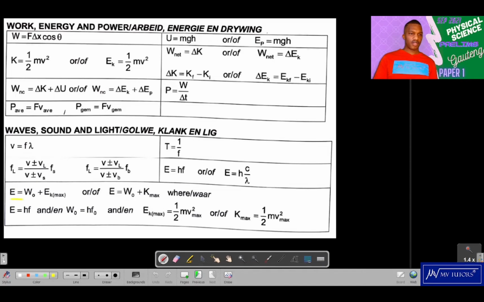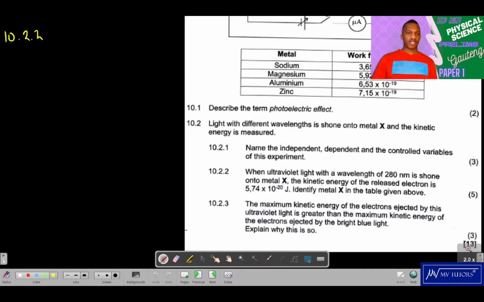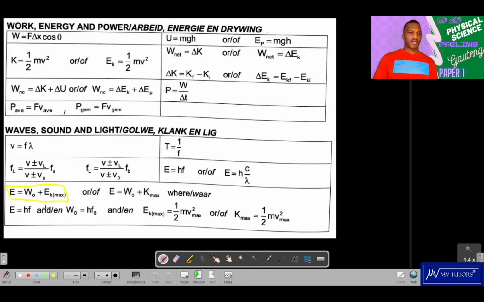So the formula that we will go with is this formula. Let's write it down first: E is equal to the work function plus the kinetic energy.